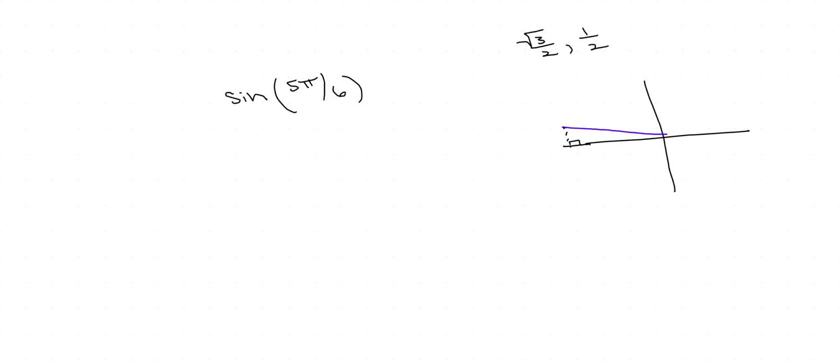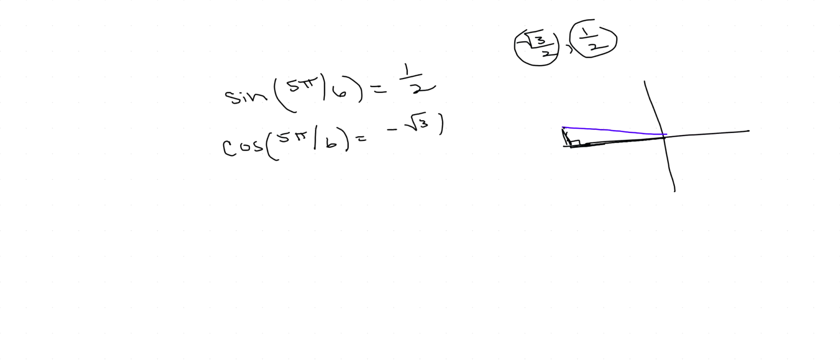Here my x value is bigger than my y value, so I know that my y value is the smaller one. So that is going to be the smaller of these two values, which is 1/2. And then you can also go through and say that cosine of 5 pi over 6 is negative root 3 over 2 and find all the others.